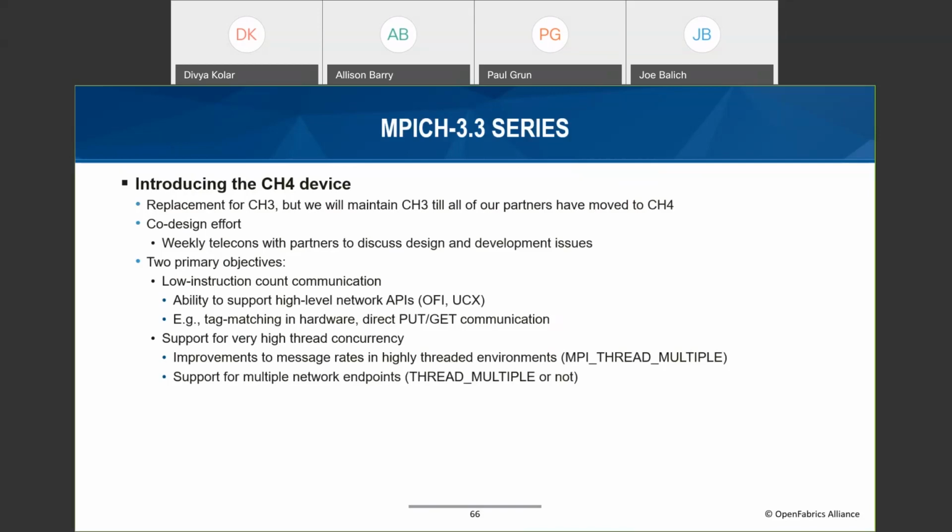CH4 is a completely new device that we designed to use Libfabric and also other network libraries. What we're trying to achieve here is very low overhead communication, and also better support for highly threaded environments and for multiple network endpoints. Next, please.